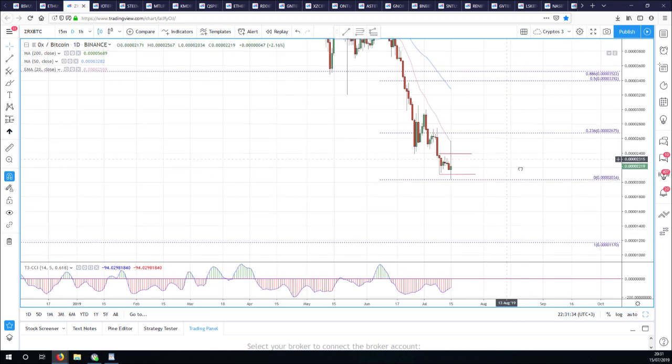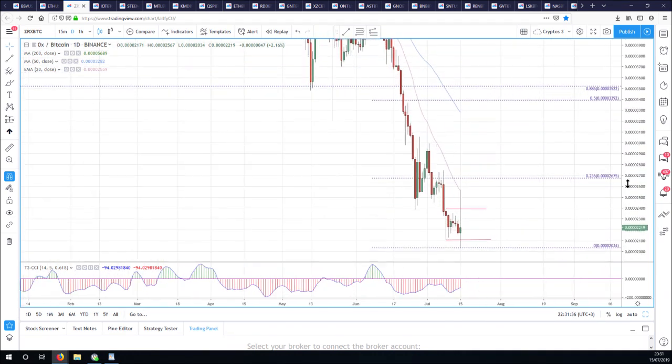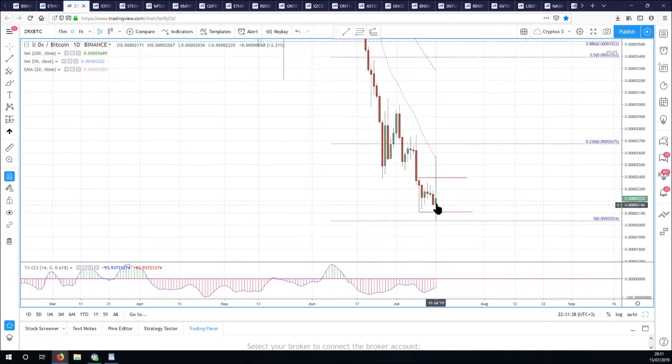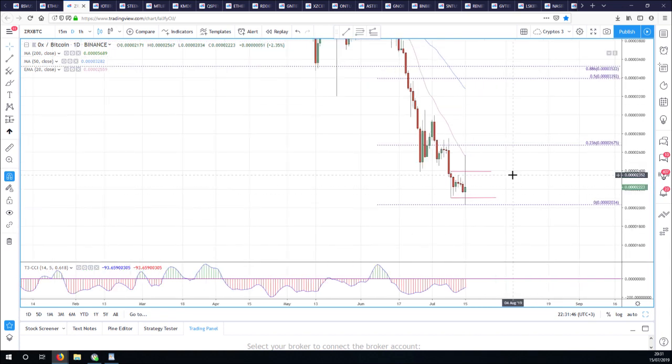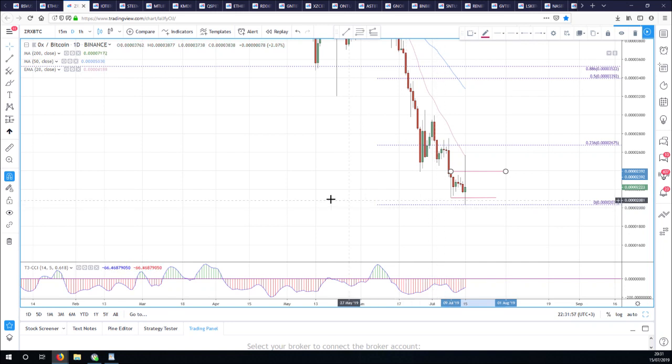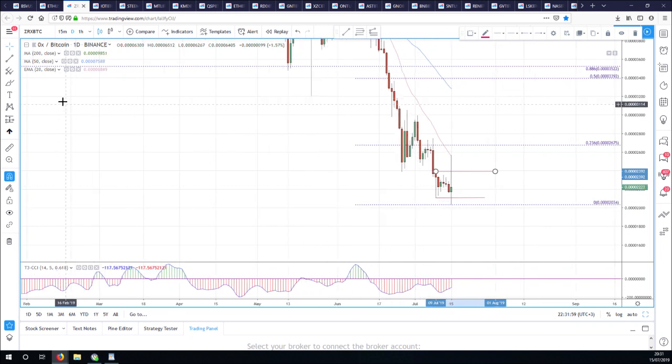Now, if we don't close too badly, I'm going to say maybe this is like, yeah. You know, when you're in a sideways range like this, they don't have the same meaning until you break out. So I'm going to say that this was just a bit of a brutal shakeout, and we need to let it calm down before we have another go at ZRX Bitcoin.